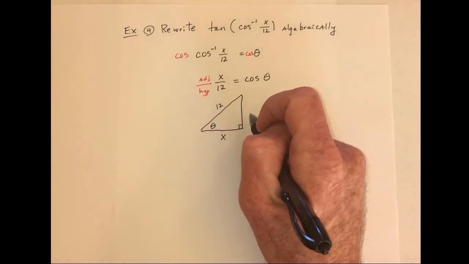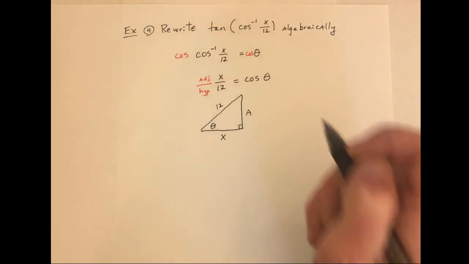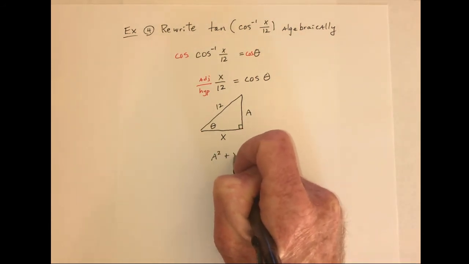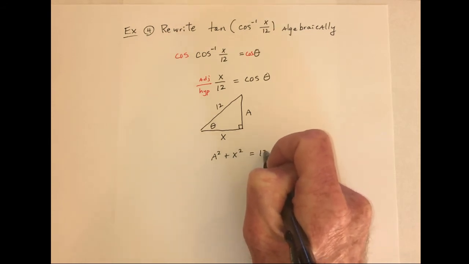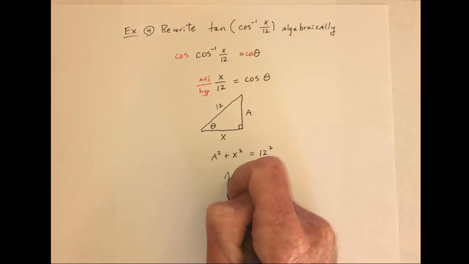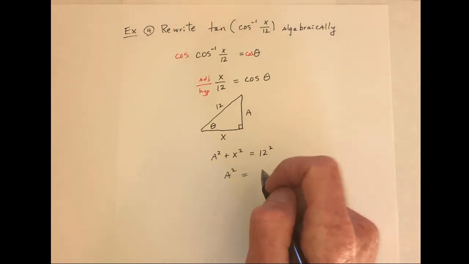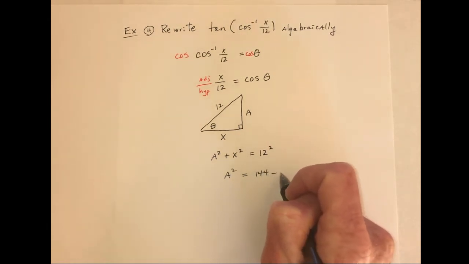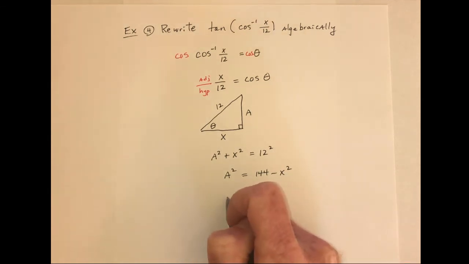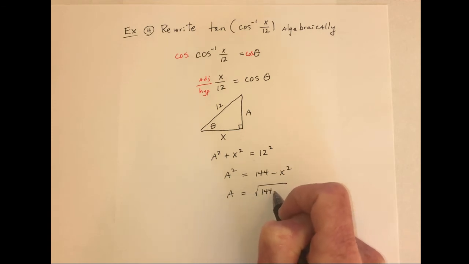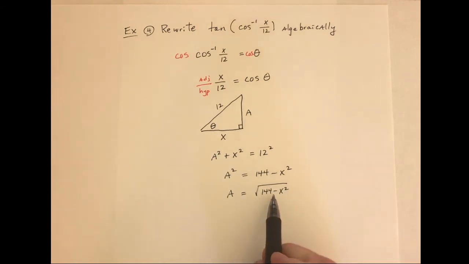I'm just going to call it a for right now, and then solve for a. So it's going to be a squared plus x squared equals 12 squared. Or if you subtract x squared from both sides, this will be 144 minus x squared. And then take the square root. And because of this minus right here, you cannot simplify, it just stays like that.